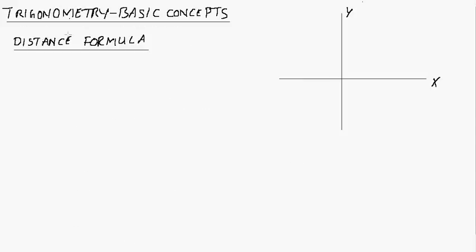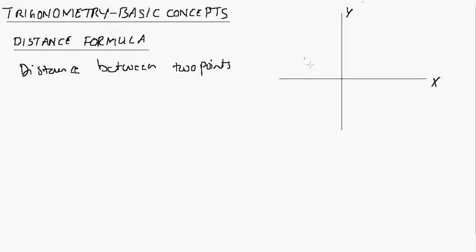Next, we will derive the distance between 2 points in a plane. We all know each point is represented by an ordered pair of numbers.